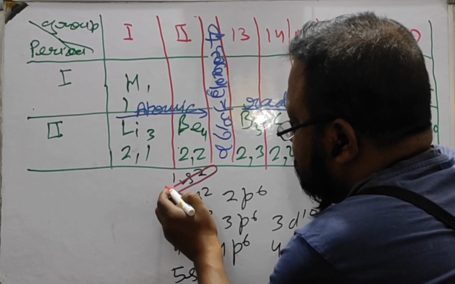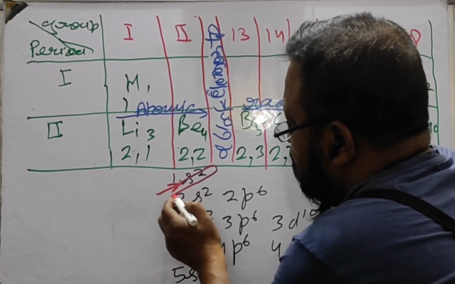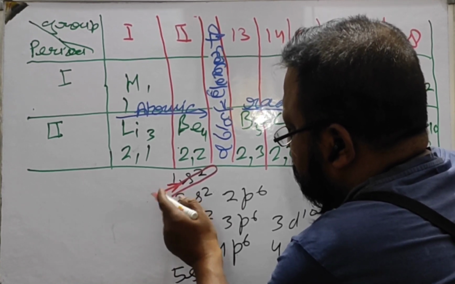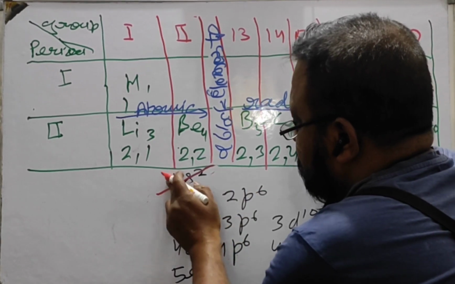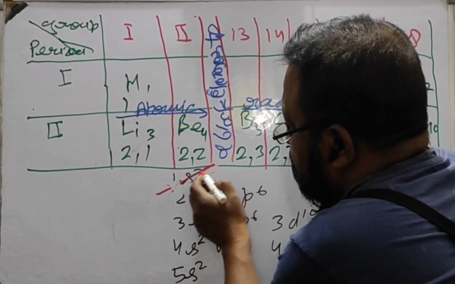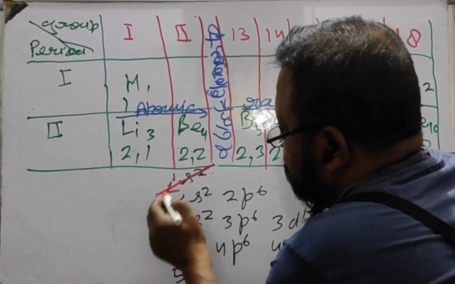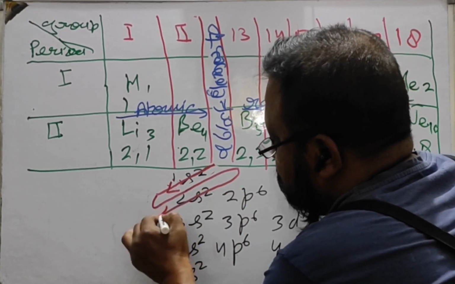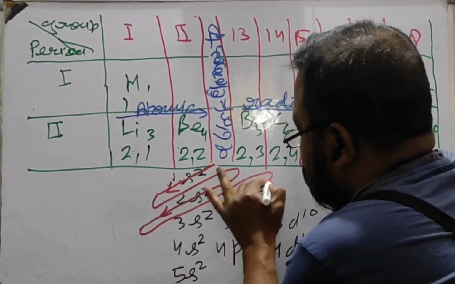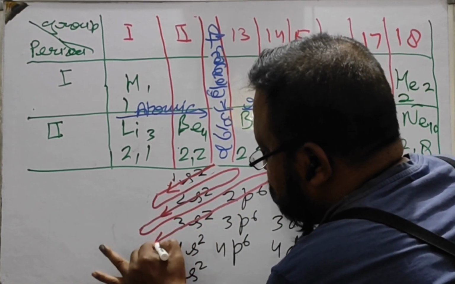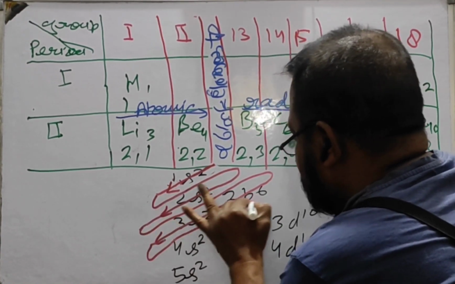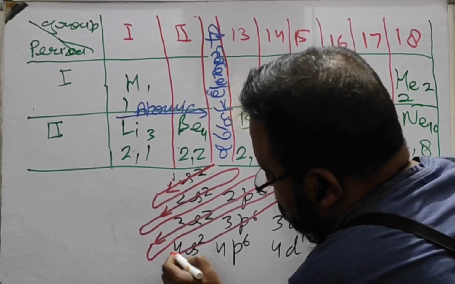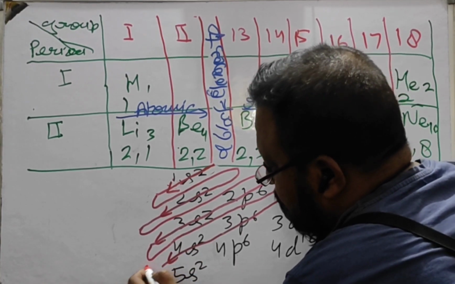It is like this, that first 1s2 is filled, then 2s2, then 2p6, and then they come to 3s2, then they come like this and go to 3p6 and 4s2, right?